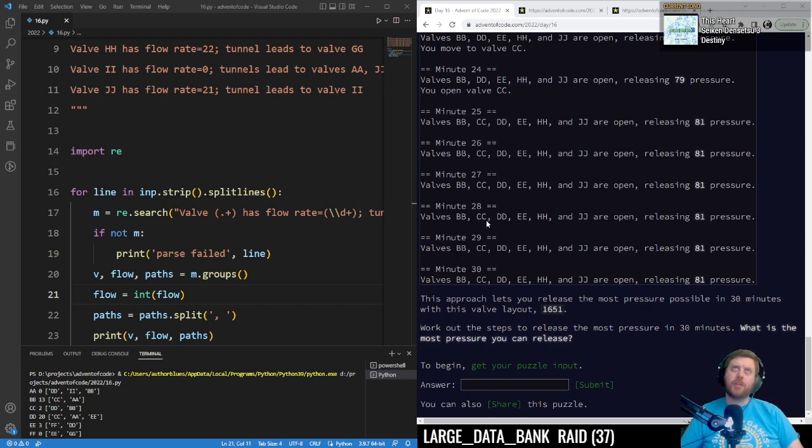Oh, actually, the way I'm thinking of doing this might have an added problem of not being able to maintain state very well. So I would need a separate copy of the graph for every single time I activate a valve, which increases things by a pretty significant factor I wasn't considering.